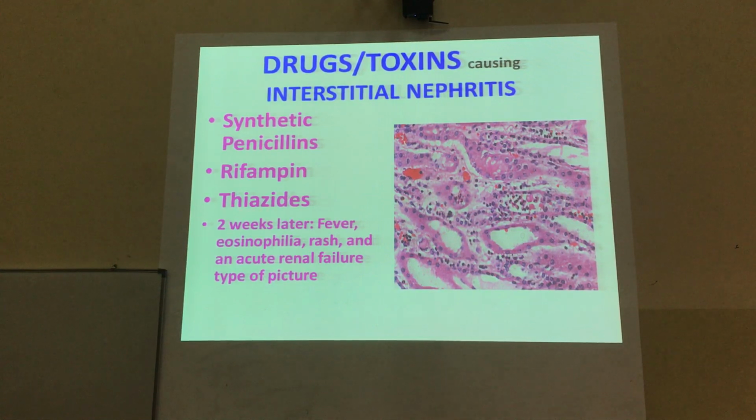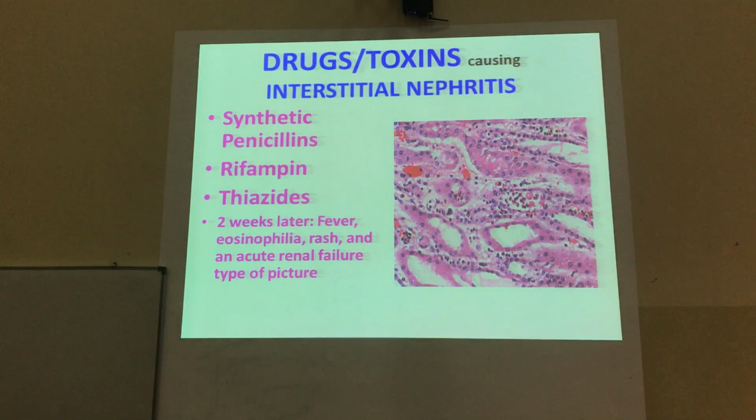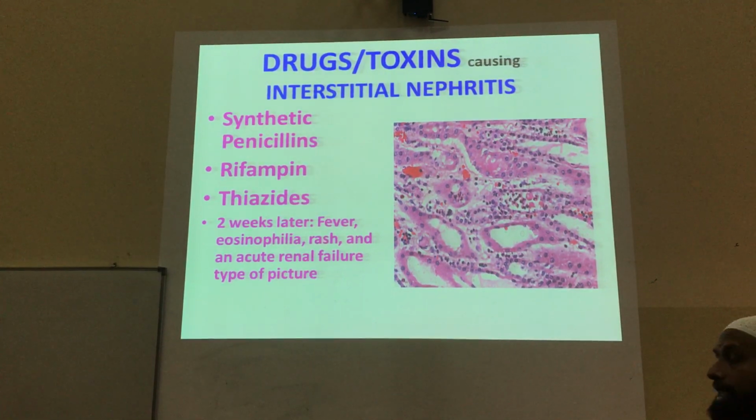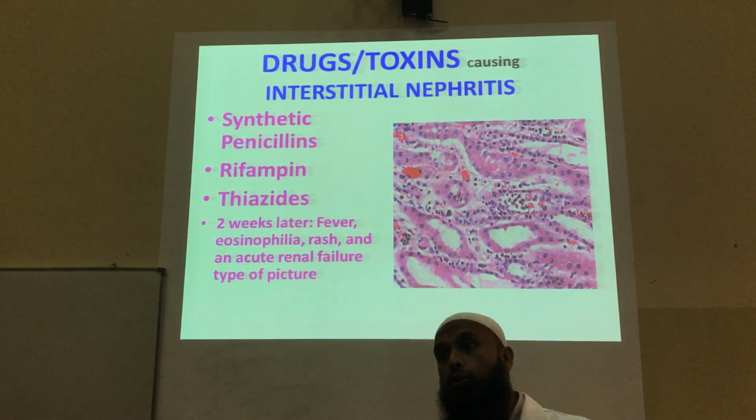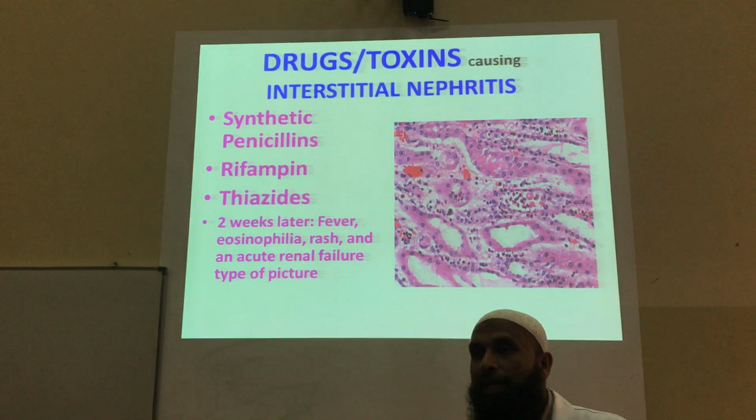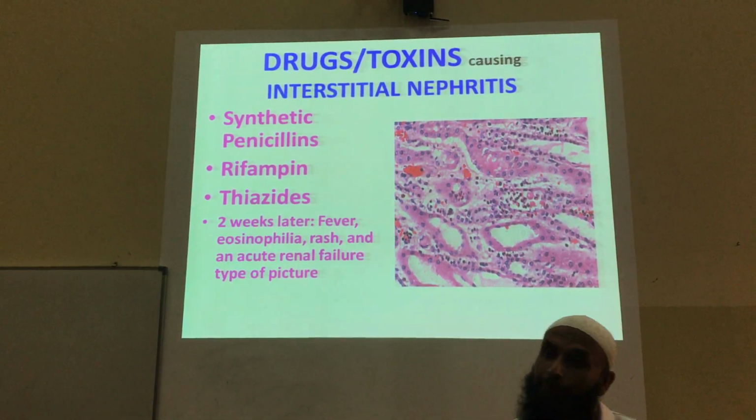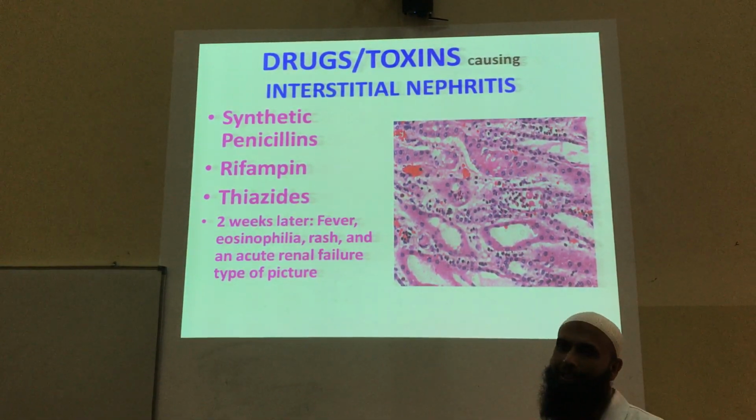Moreover, thiazides. That's why with these drugs they always check sensitivity. If you are going to get any cephalosporin or sometimes any penicillin, they always check skin sensitivity. Thiazides are themselves diuretics, but with chronic use they can also lead to this.